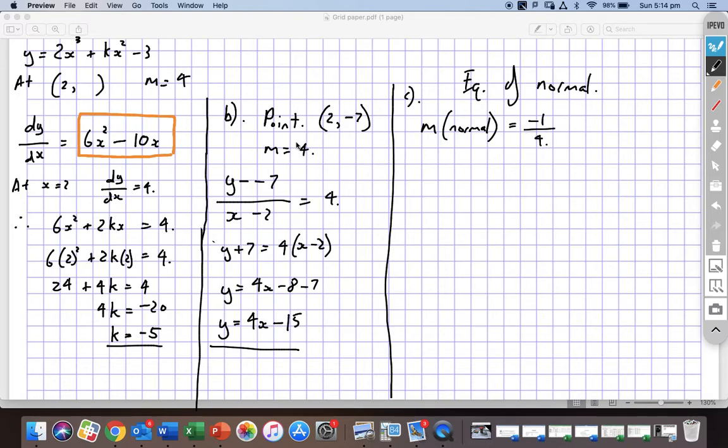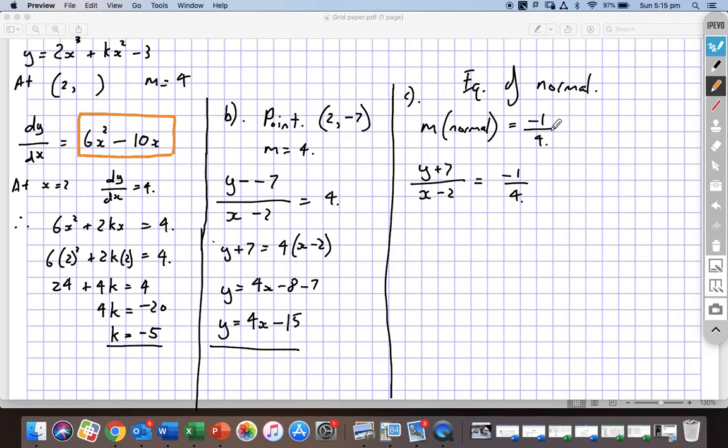So it is the negative reciprocal of the gradient on the curve, or the gradient of the tangent to the curve. Right? So we'll do exactly the same thing as I did here. We'll go y plus 7 on x minus 2 equals negative 1/4.